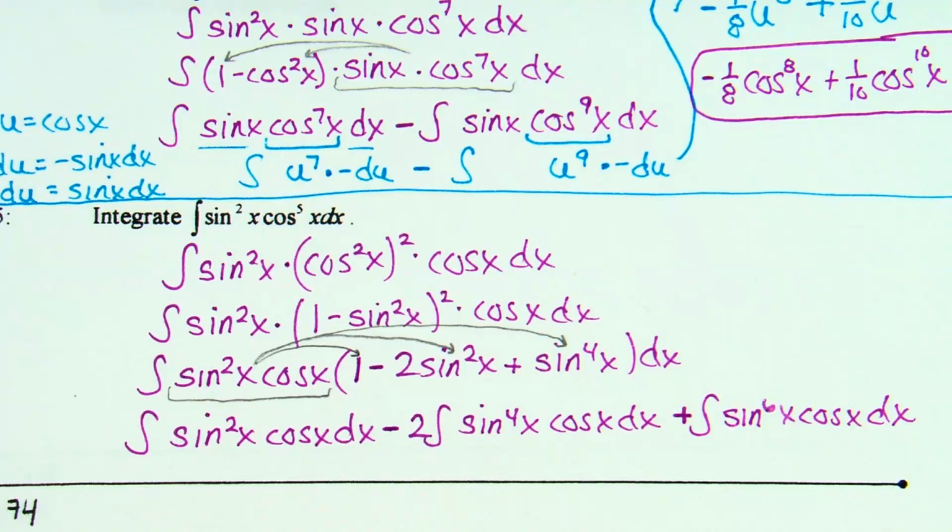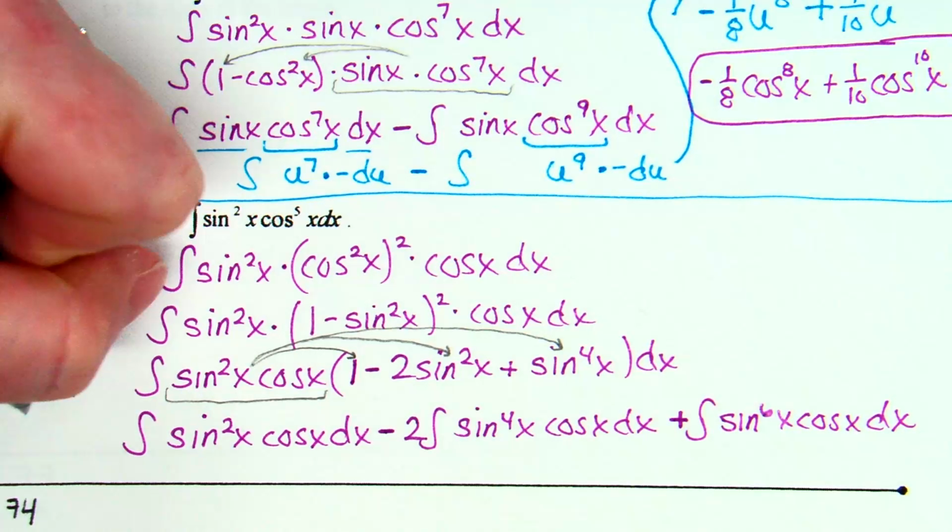But if you need the visual, what is my u? My u is whatever has the power. So u is sine. Because then du, what is the derivative of sine? And that is cosine.